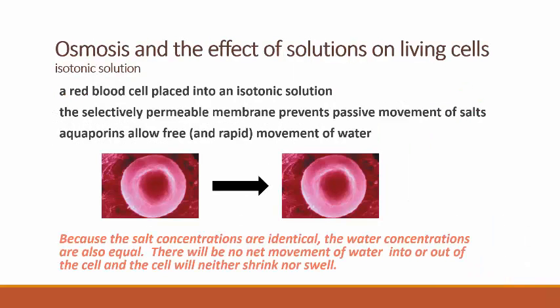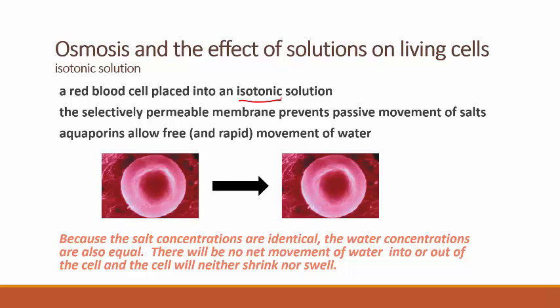So let's think about the effects of different solutions on a living cell. Here we see an example where a red blood cell is placed into an isotonic solution. Because the membrane is selectively permeable and salts are unable to passively move from the cell into the solution, the only thing that can move is water, of course.